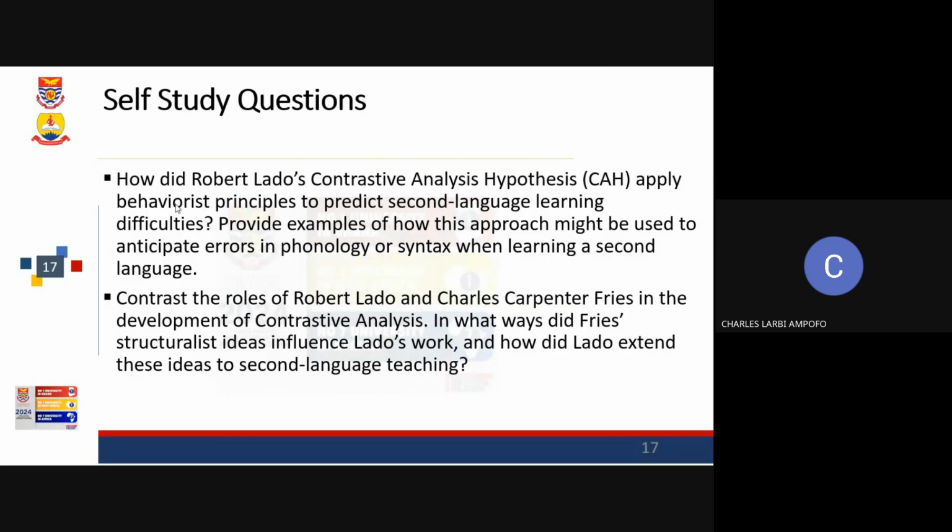Yes, please go ahead. Yes, I wanted to ask about this particular L1 and L2. In fact, my L1, when you look at the pronouns he and she, it has a distinct feature. In English, we have he and she to differentiate a male and a female when you are forming sentences.